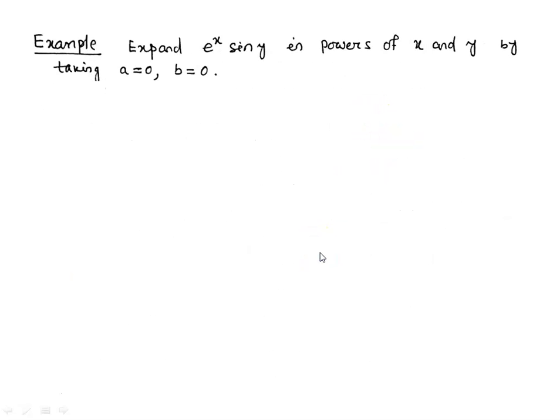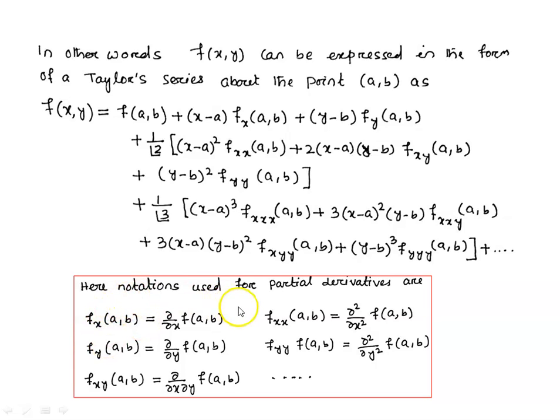So here the notations used for partial derivatives are: fx(a,b) is the partial derivative of f with respect to x at (a,b). fxx is nothing but the second order partial derivative with respect to x, that means ∂²/∂x² of f(a,b). Similarly, fyy is ∂²/∂y² f(a,b). So these notations are used here, and the expression f(x,y) can be expressed in this way.